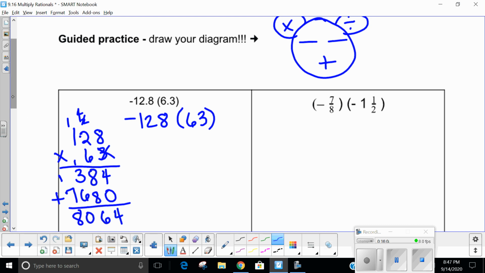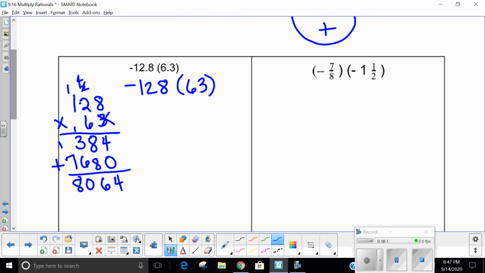Now, we have a whole number as our answer, but remember, we have to count how many place values there are past the decimal point in both of these numbers. So there's 1 place value, 2 place values. So there's 2 place values, and in my final answer, I need to move the decimal point from the end of the number 2 places to the left.